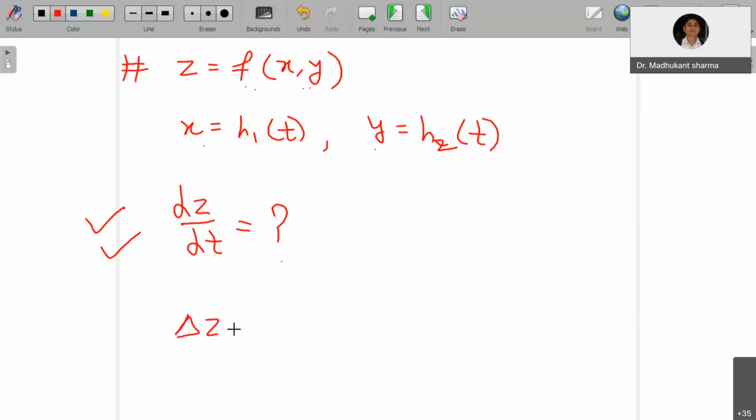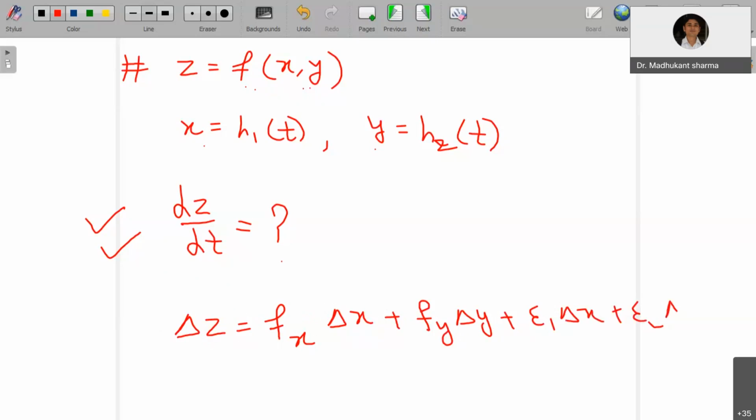Delta z is equal to fx delta x, fy delta y plus epsilon 1 delta x plus epsilon 2 delta y, somewhere at a point.